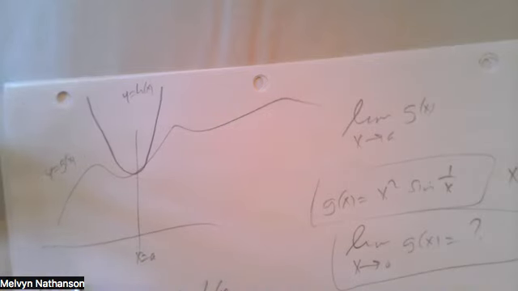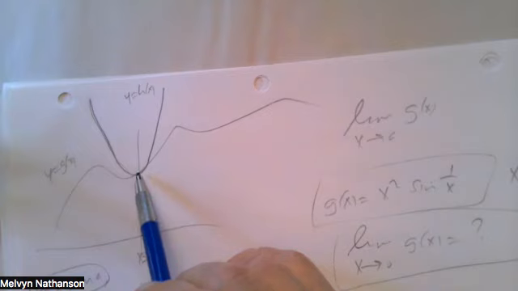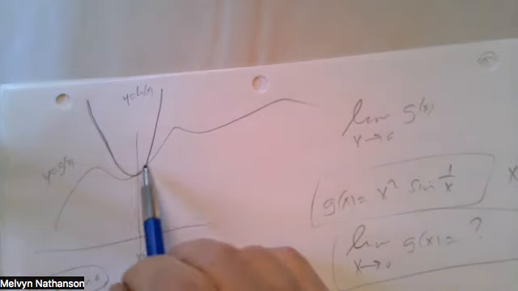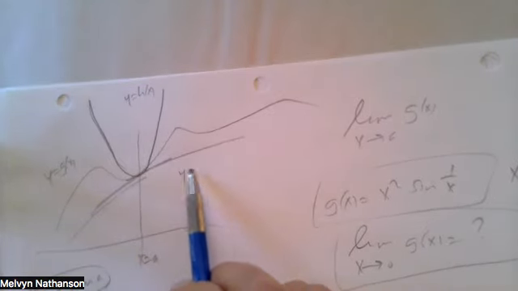So for x near a, my function h of x is bigger than g of x. And suppose I have another function, y equals f of x, which for x near a, is less than or equal to g of x.